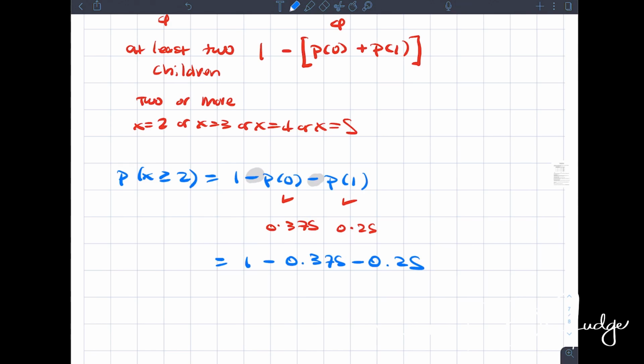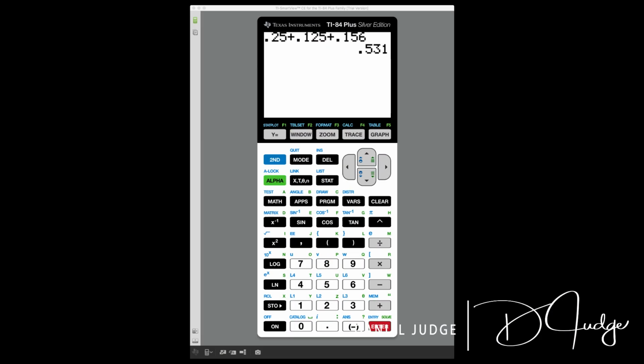So I can go to the TI here and say, okay, TI, 1 minus 0.375 minus 0.25. And I get what we got earlier today. 0.375. Let's see if we can write this nicer.